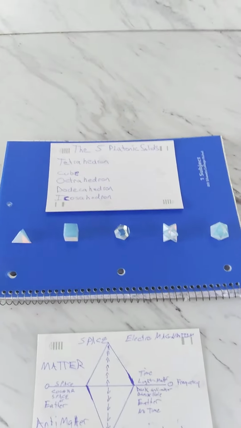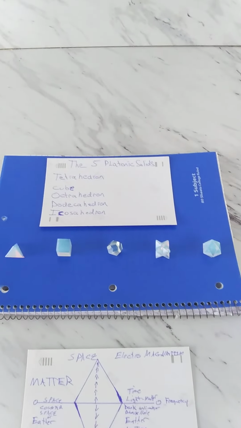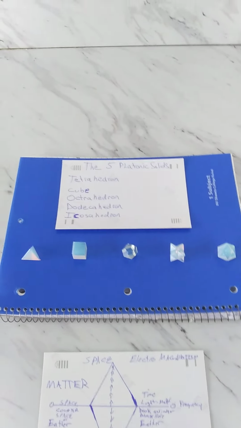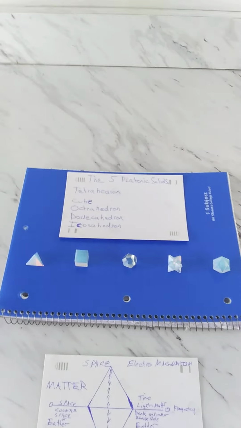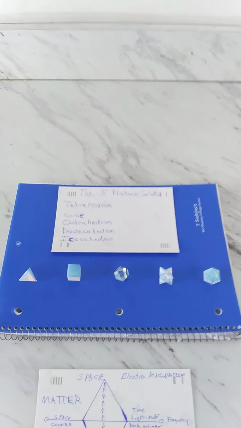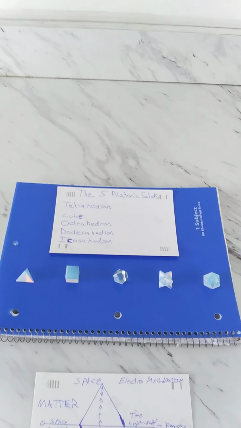So these 5 platonic solids really got me thinking in extra dimensions when I was young. And they come from the Greek philosopher Pythagoras, and he's the one that came up with a squared plus b squared equals c squared.